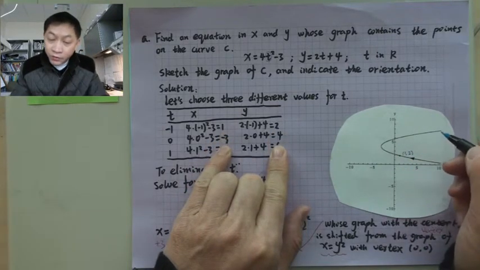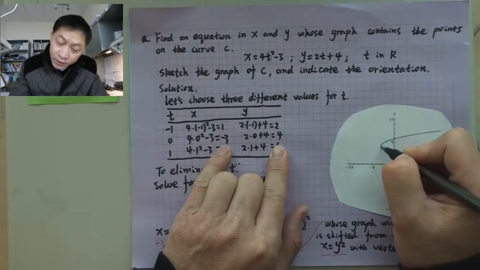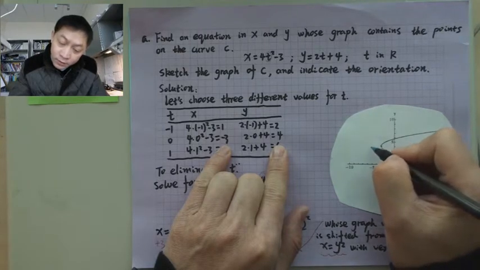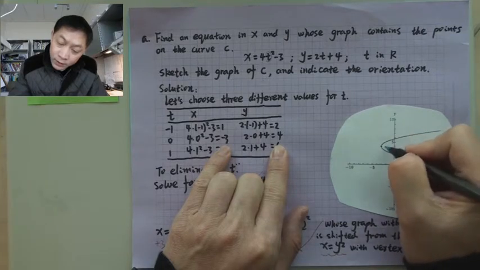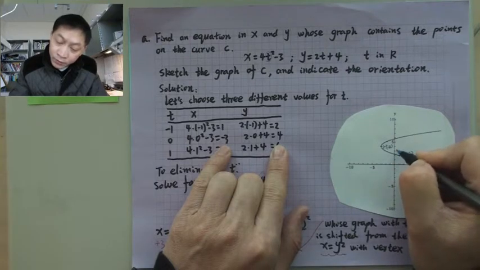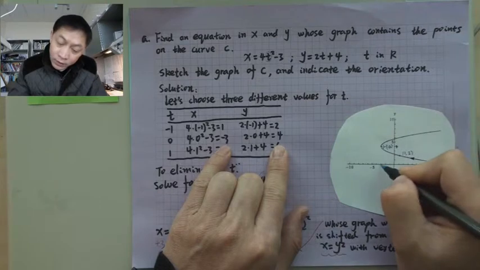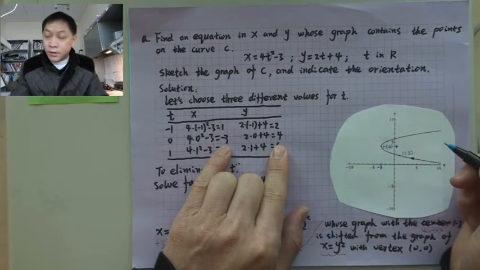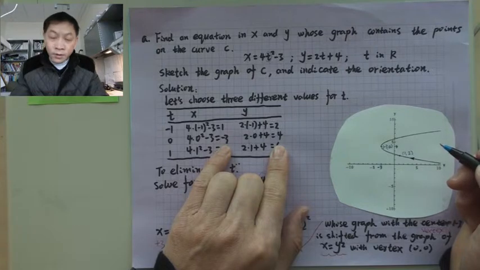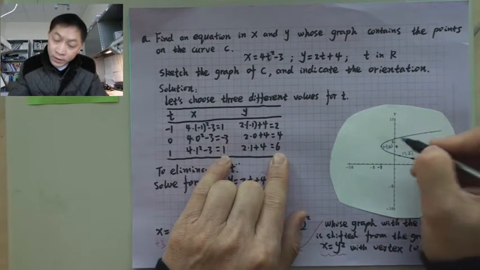And then -3, 4. -3, 4 is basically right here. So you have, let me put -3, 4 right here. You have 1, 2, 3, 4. Okay, here is 4. And here is 3, negative. Okay, the third one is 1, 6. x is 1, y is 6.